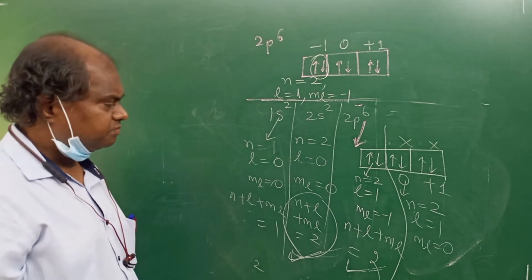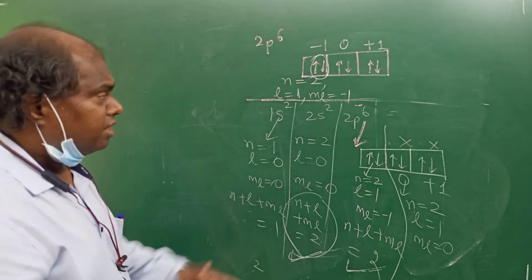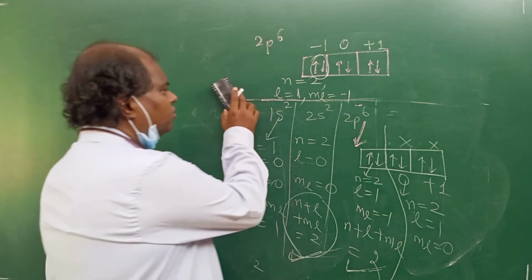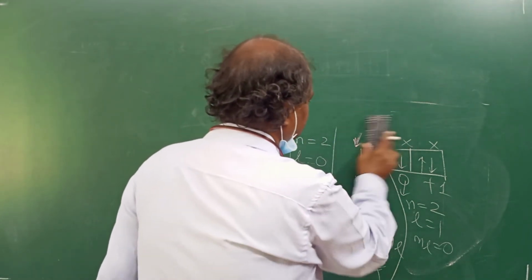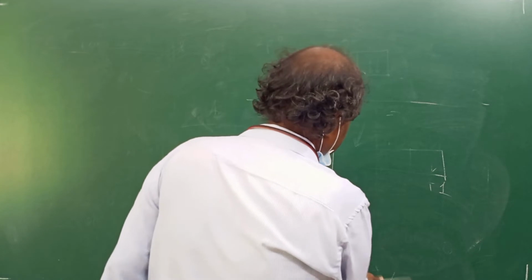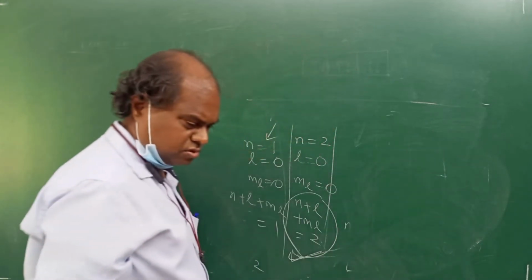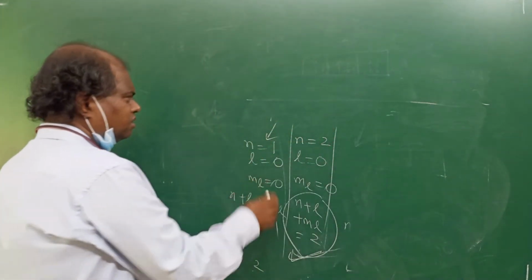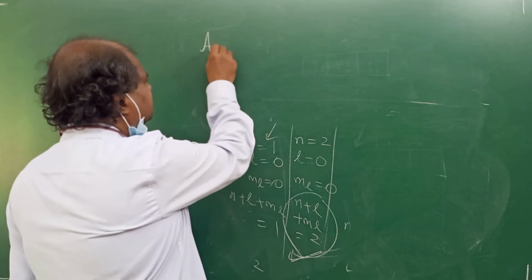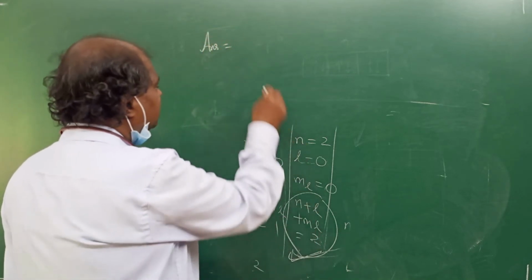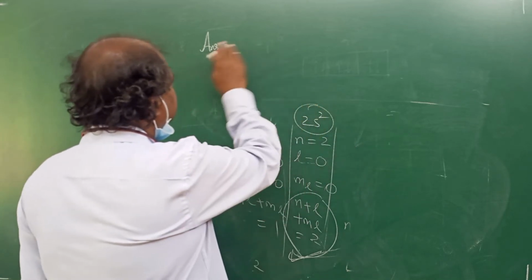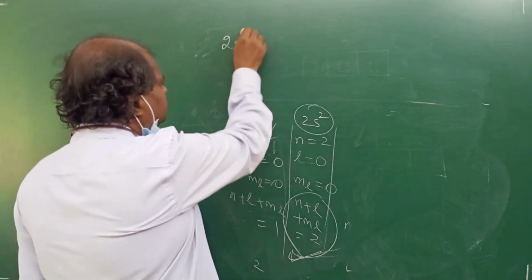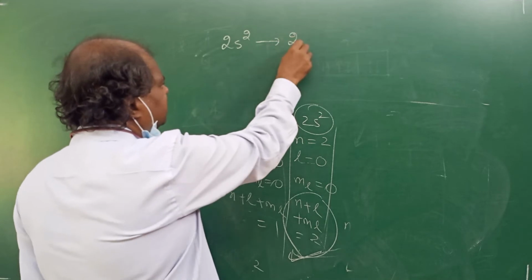I hope you are getting this. Now let us come to 3s2. So we have to go to the next one, right? 3s2. So the answer is, till now we have got 2 for 2s2, 2 electrons, right?